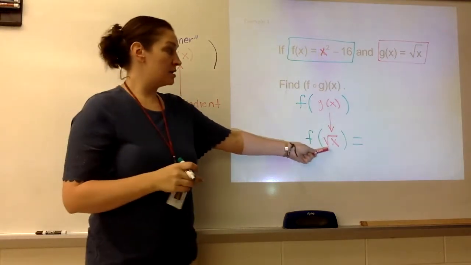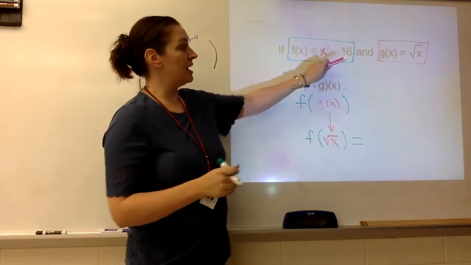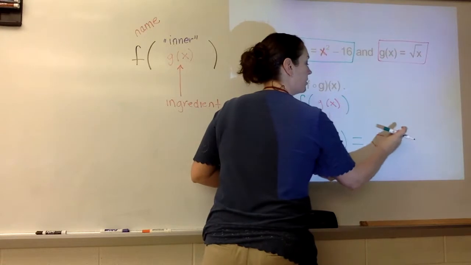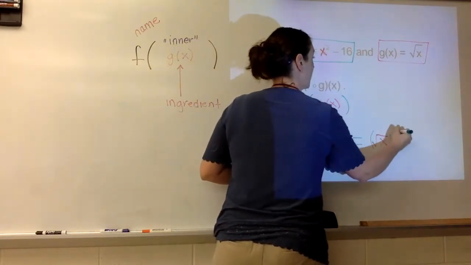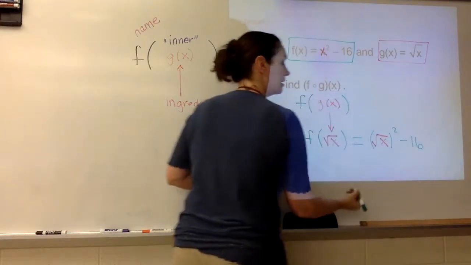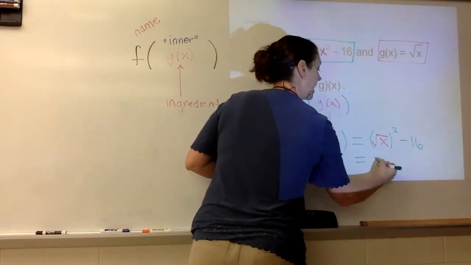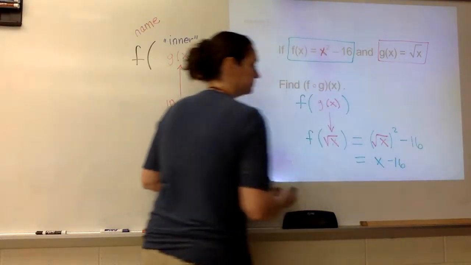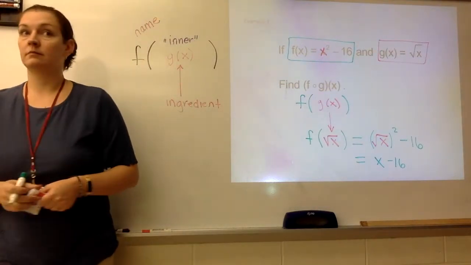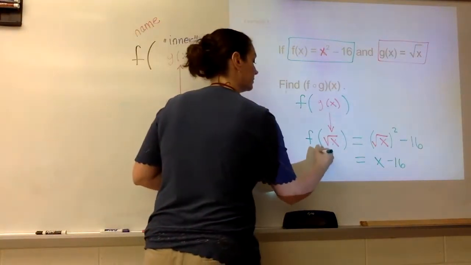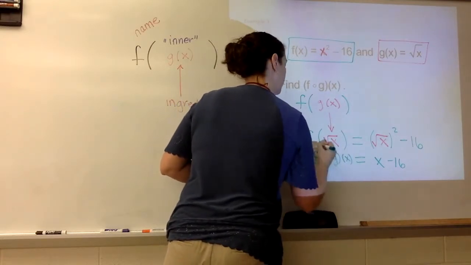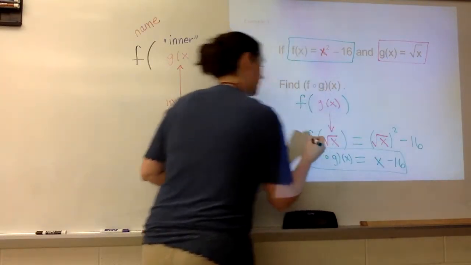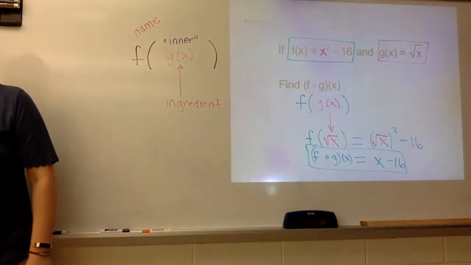Square root of X. So as I come across and read, this is going to be the square root of X. There's my substitution. Squared minus 16. And then I just simplify and I get X minus 16. Did I go too fast or are we good?